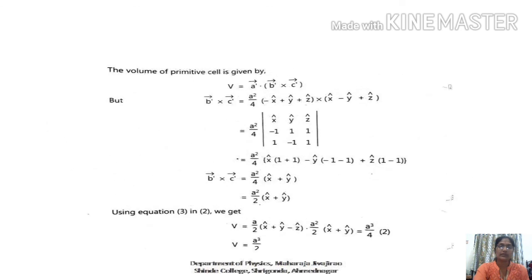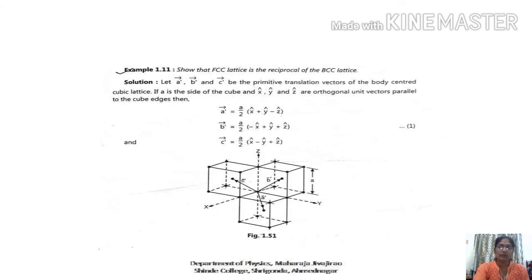Once again we will recall the session. We have considered three body-centered unit cells, and we have placed the atoms at the center of each unit cell. We have connected these 3 points from our origin, and we have expressed A dash, B dash, C dash as primitive translational vectors of a body-centered cubic lattice.